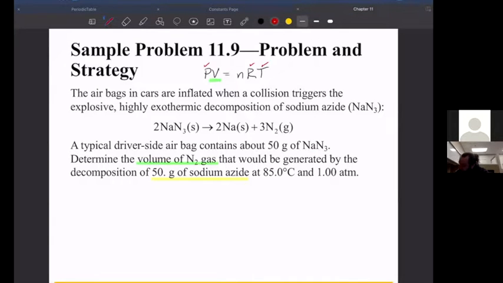So first we have to use this variable here, moles of our gas that's produced. We're starting out with 50 grams of the sodium azide. In order to use our balanced chemical equation, what are we going to have to do? Get to moles, which means that we're going to need the molar mass of the sodium azide, which you should be able to calculate from the periodic table, but for the sake of time, I will give it to you.